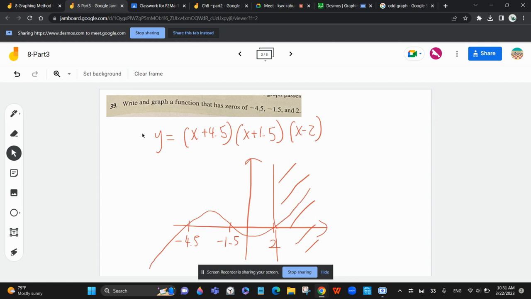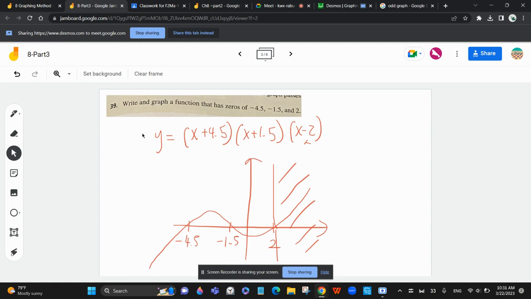But if you go through the x smaller than 2 part, you'll find that this one is negative. So when it is larger than 2, it is positive.